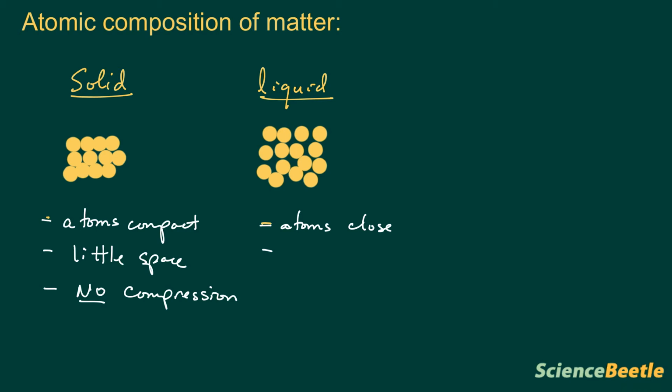There is still going to be very little space. But here, when we say that the atoms are close, they can move a little bit. And that's what allows a liquid to move in a container when you put it into another container. Like the solid, liquids are not compressible, so there is no compression associated with the liquid.